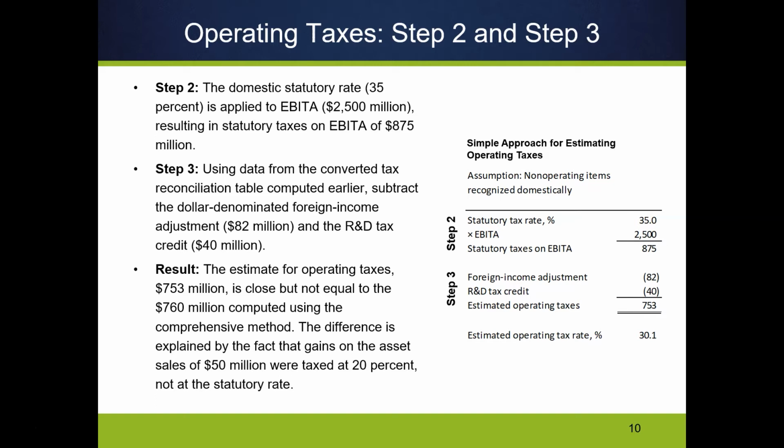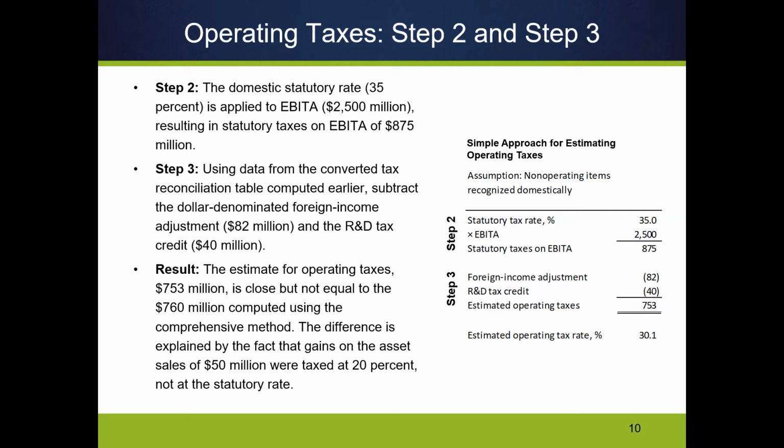It's pretty close to the actual operating taxes, which is 760 million, and pretty close to the actual operating tax rate, which is 30.4%. The difference here is that we don't recognize, and there's no way for us to recognize, that the $50 million in revenue that comes from the asset sale is taxed at the 20% rate, not at the 35% rate.